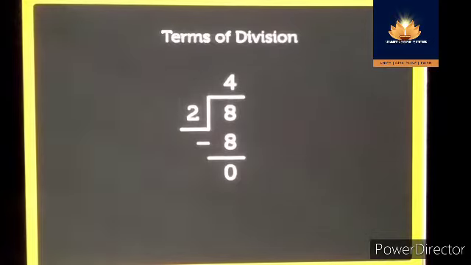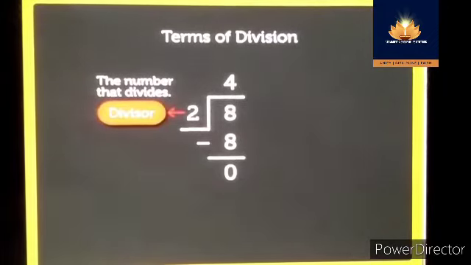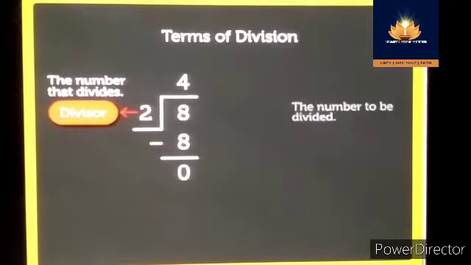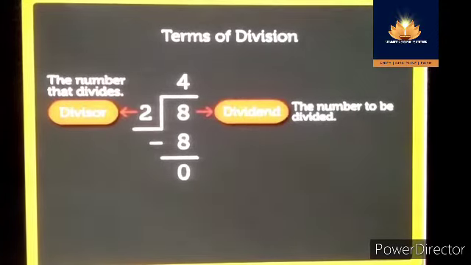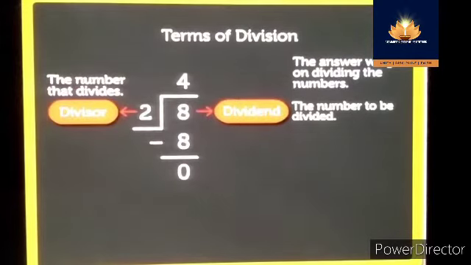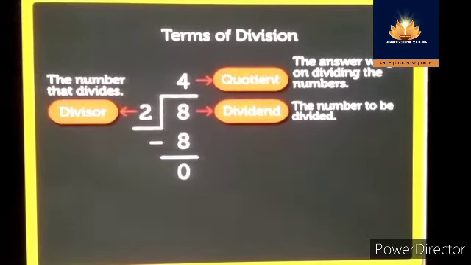Let us learn the terms of division. The number that divides another number is called divisor. Here the number 2 is the divisor. Then the number to be divided is called dividend. Here the number 8 is the dividend. Then the answer we get on dividing the numbers is called quotient.